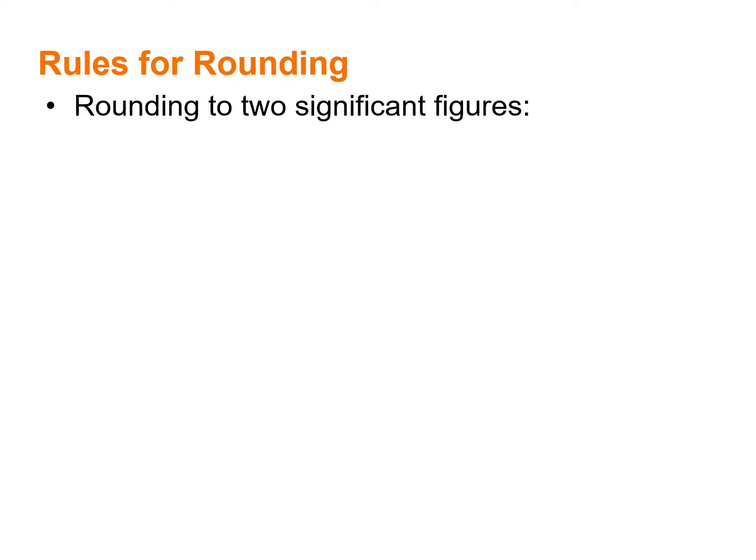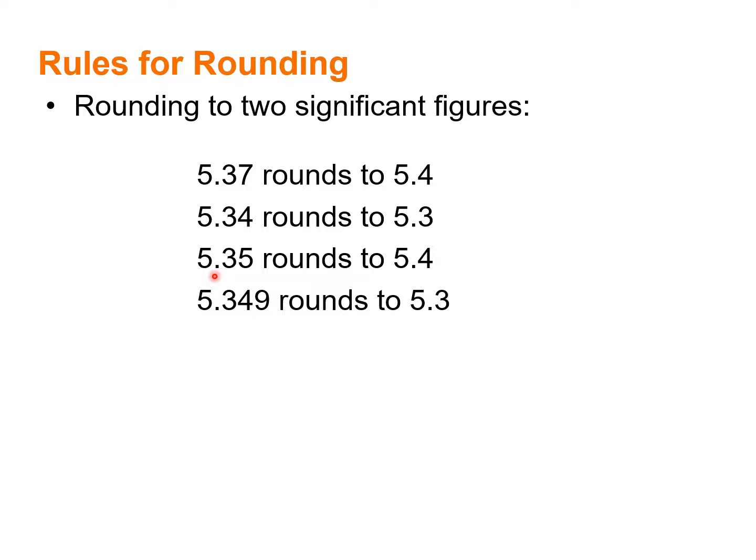So, rules for rounding. Here we have a bunch of numbers, and we want to round to 2 significant figures. So that last bunch of numbers are not significant. Here you got 5.37, so we have to round it up to 5.4 because the 7 is greater than 5.